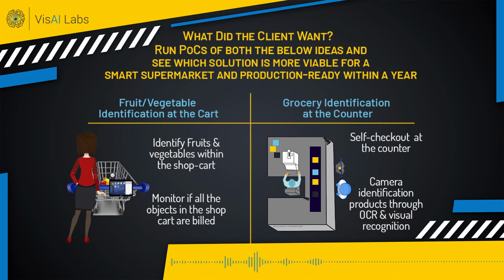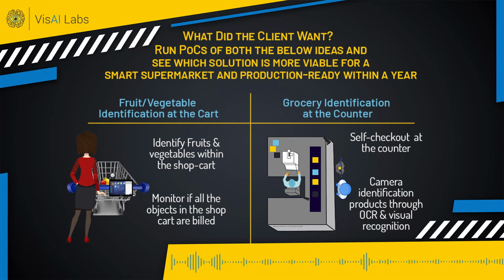The second thing they wanted to understand was the business viability. How will shoppers react if I put such a vision system in the shopping cart? And how will the clerks at the counter react, and how will their work get easier if such a helpful vision system is there at the counter? So this is some experiment that they wanted to do.